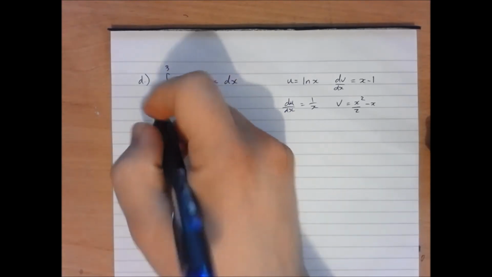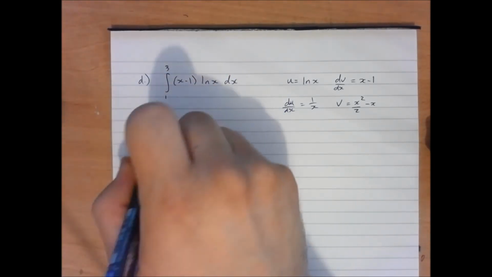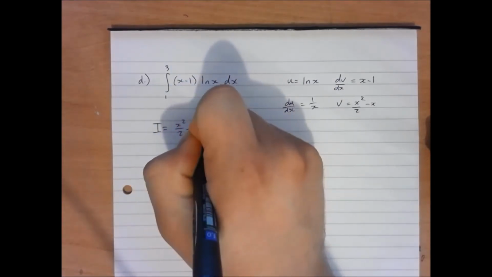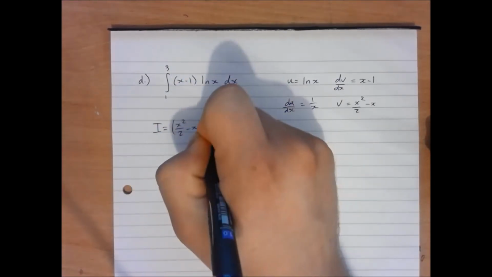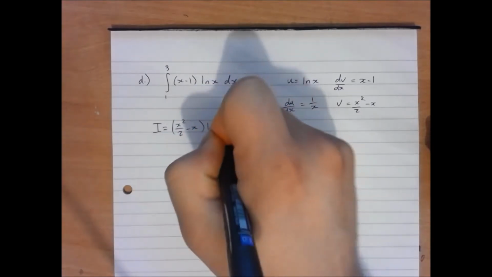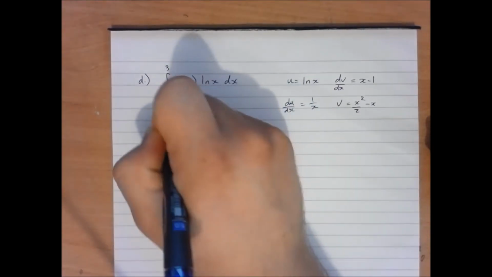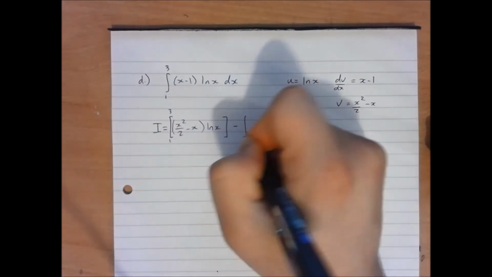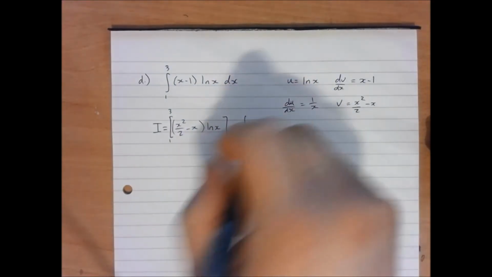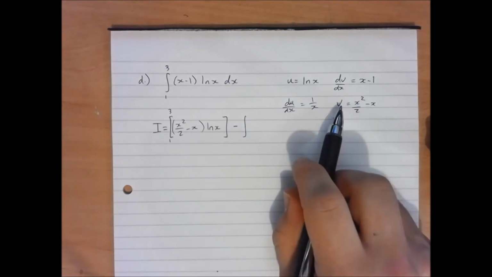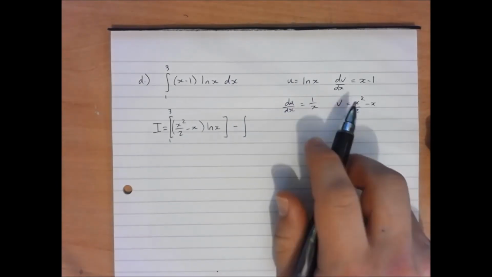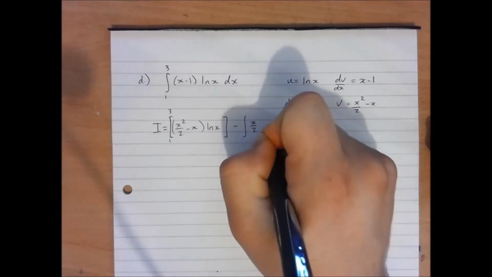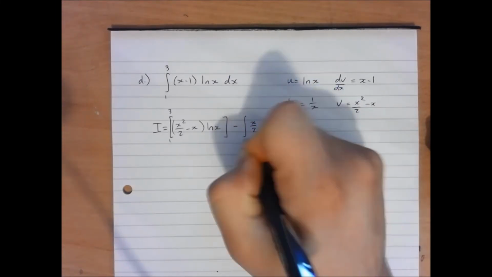In my integration by parts formula, I get uv, which is x squared over 2 minus x lots of log x, and that needs to be between the limits of 3 and 1, minus the integral of v du dx. So I can divide each of my terms in v by x to get x over 2 minus 1 with respect to x.